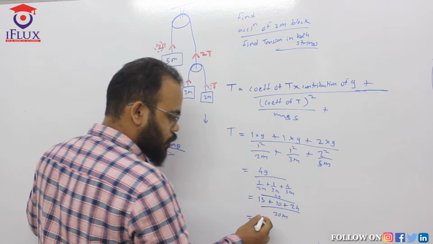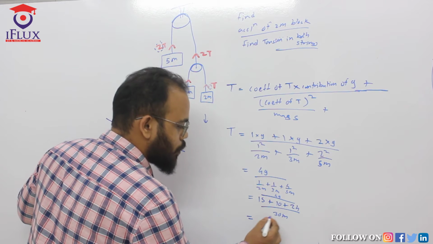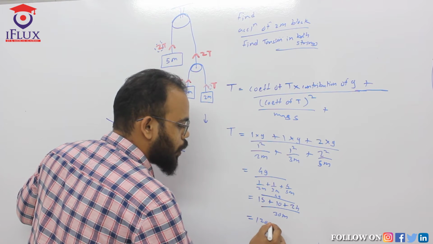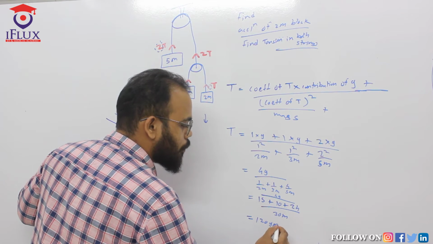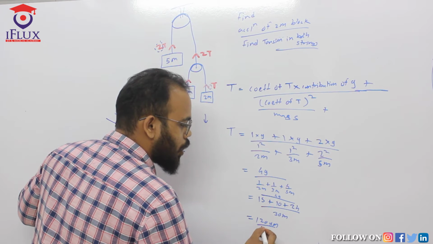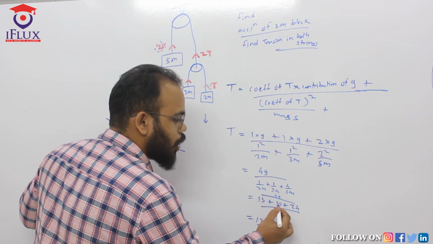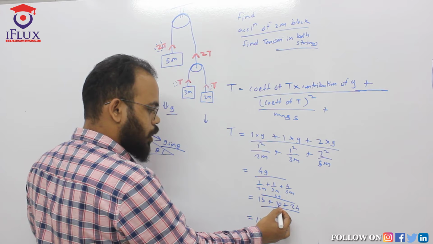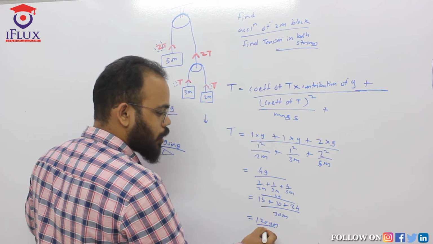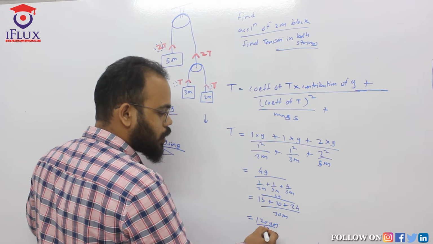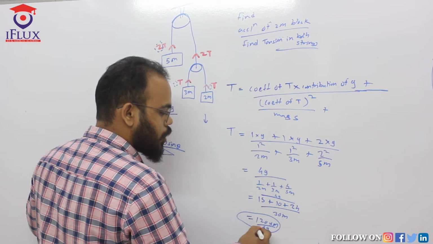So if you solve this, it will be 30 into 4 will be 120 gm, 120 gm upon, this will be 15 plus 10 plus 24, this will be how much? 49. So 120 gm by 49 is your tension.